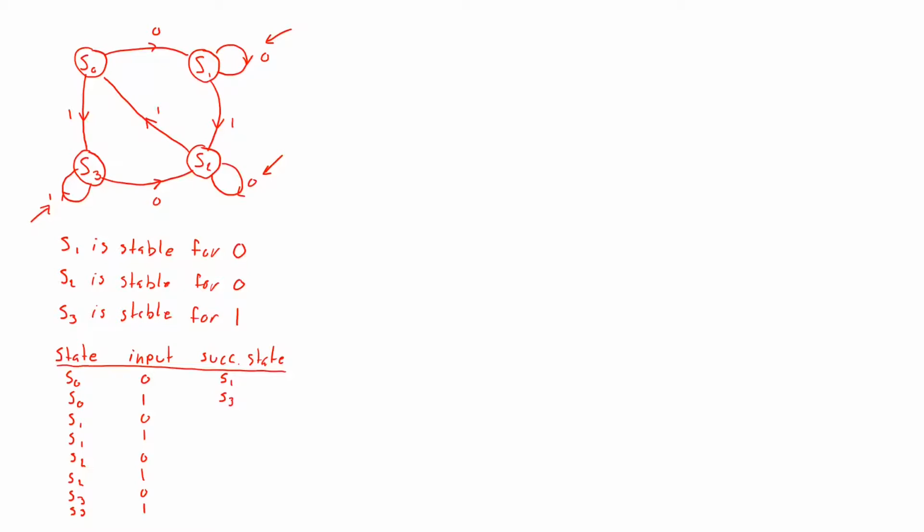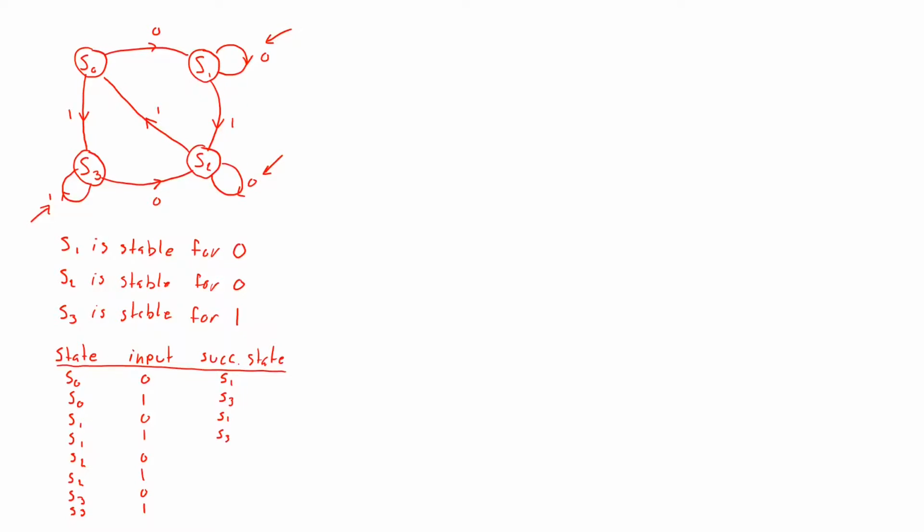For S1 with the input 0, we just stay in the state S1, so the successor state here is S1. If we get the input 1, we first go to S2, then we go to S0, then we go to S3, and then we stay in the stable state S3, which is stable for the input 1. So here the successor state will be S3.